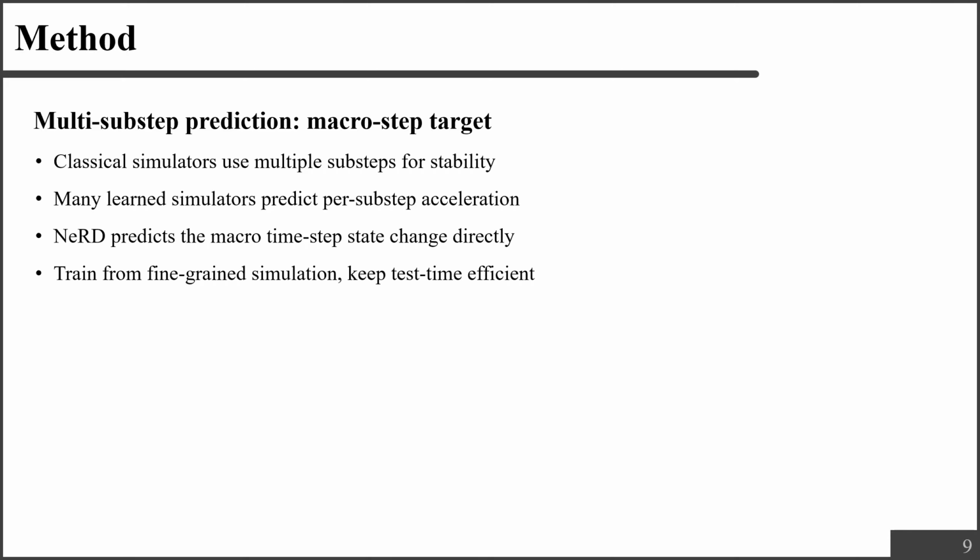NERD takes a different route. It predicts the state change over the entire macro time step directly. That lets them use fine-grained simulator data during training, but it keeps inference efficient at test time.